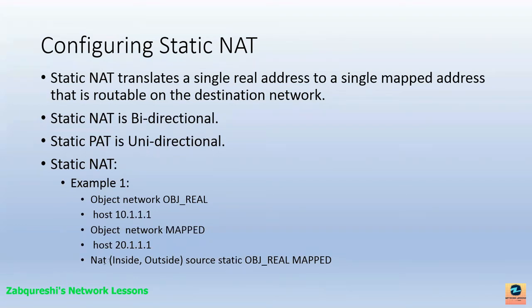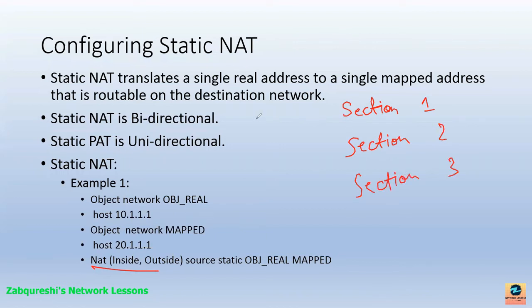There are actually sections. You have section 1, section 2, section 3 in the NAT table, and it actually has a preference level. Section 1 has a higher preference than section 2, and section 2 has a higher preference than section 3. If somebody does a global NAT, it goes in section 1.